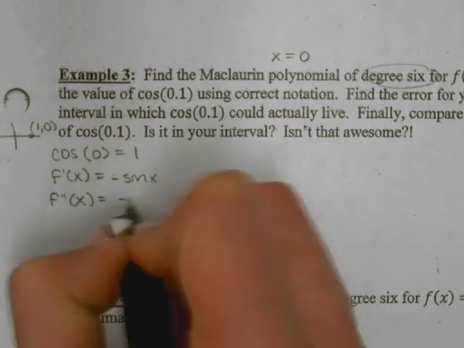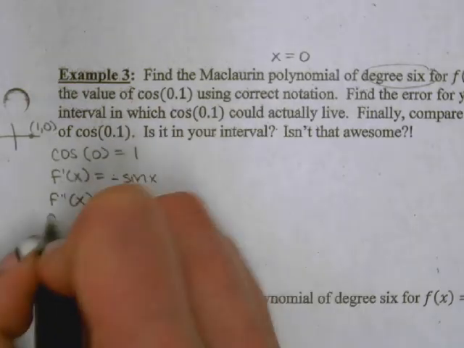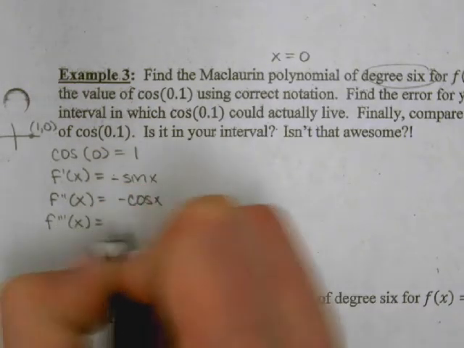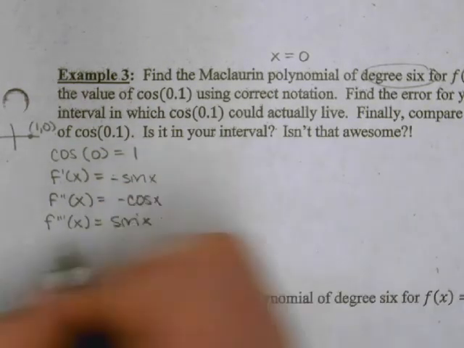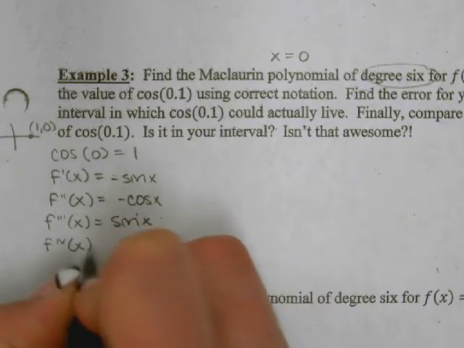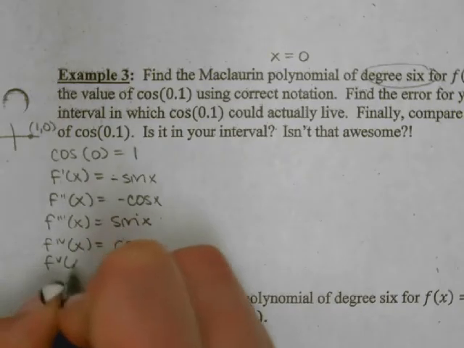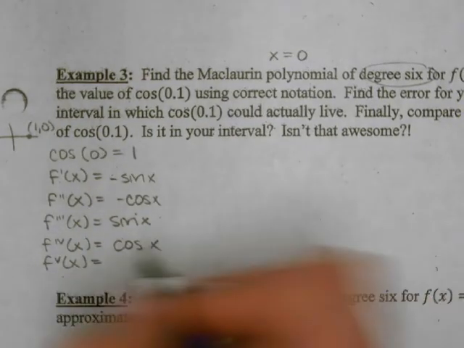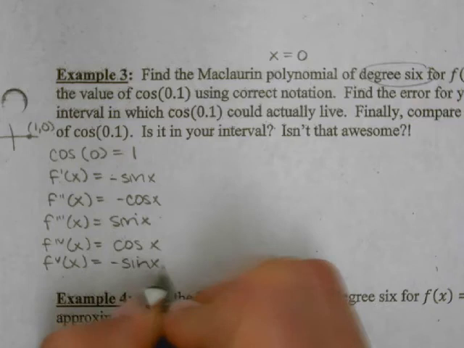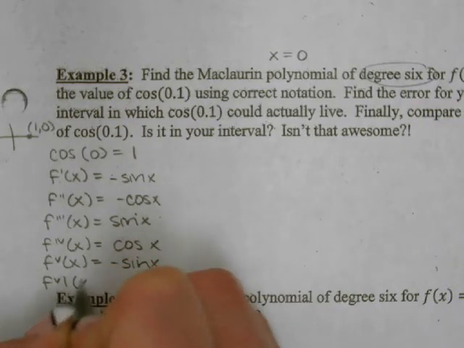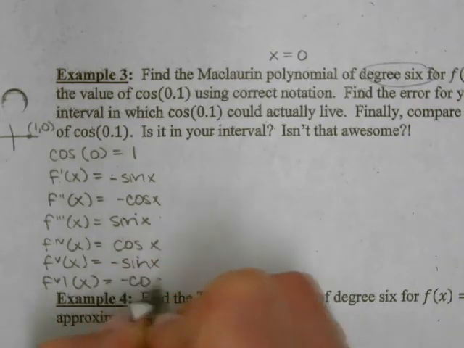Second derivative is negative cosine. Third derivative is sine. Fourth derivative is cosine. Fifth derivative, negative sine. Sixth derivative, negative cosine.